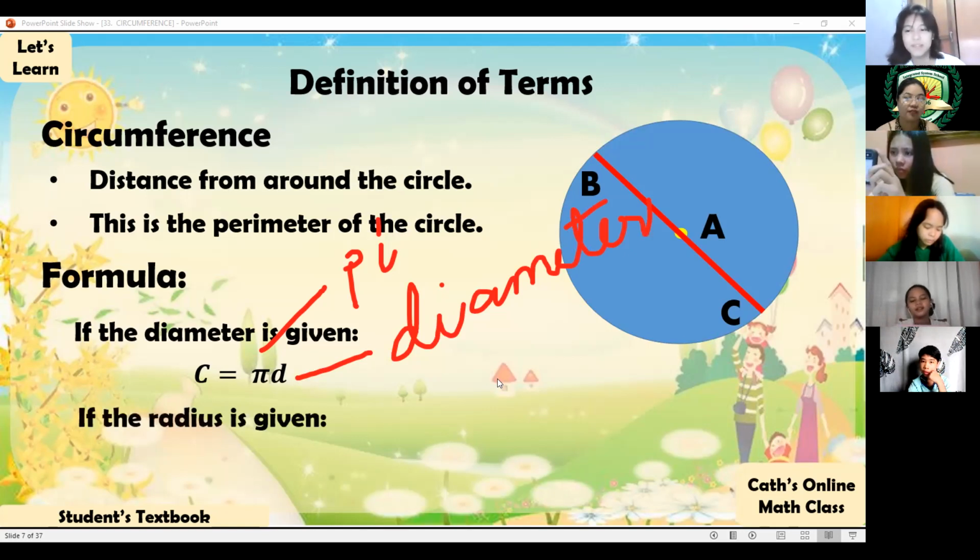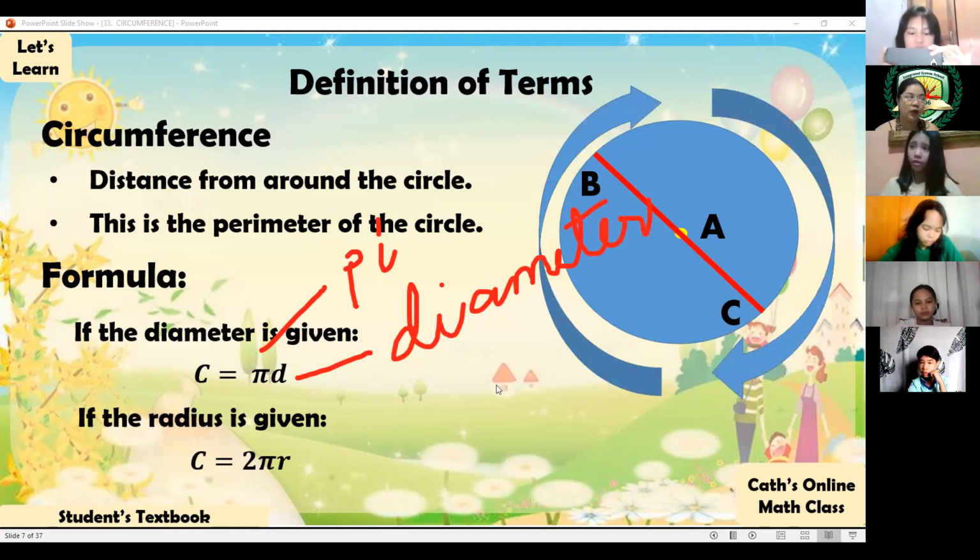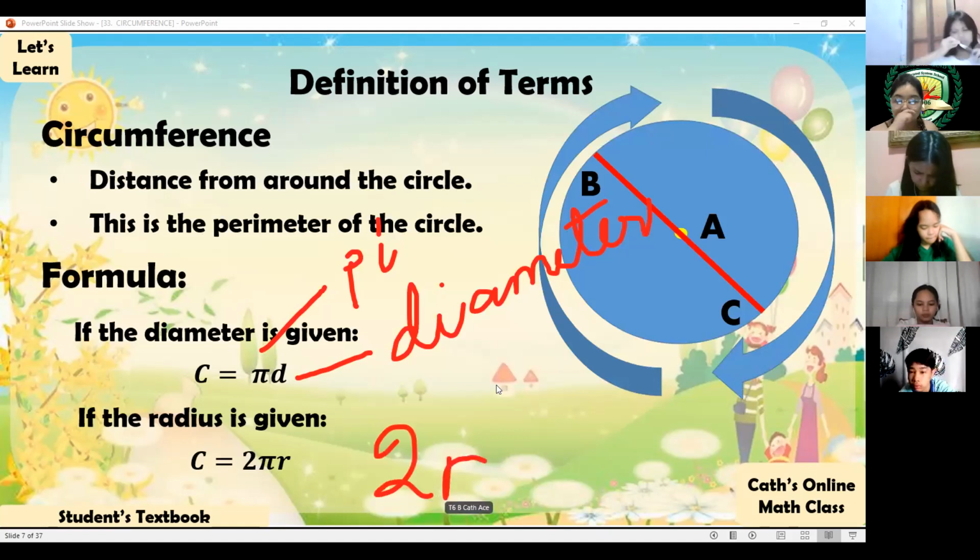If the radius is given, what you need to do is multiply the radius twice, because the diameter is twice the radius. After you have multiplied the radius twice, that's the time you multiply it by pi. To remember the formula quickly, it became 2 pi r.